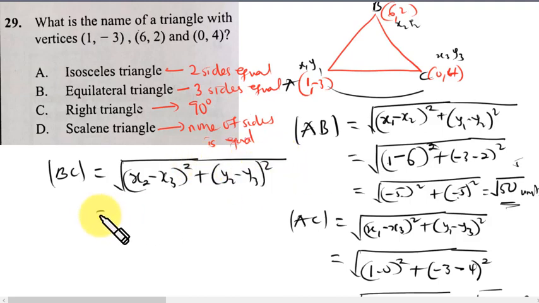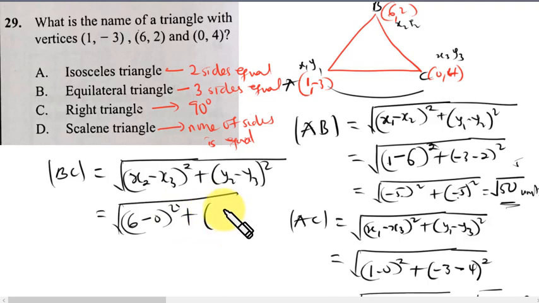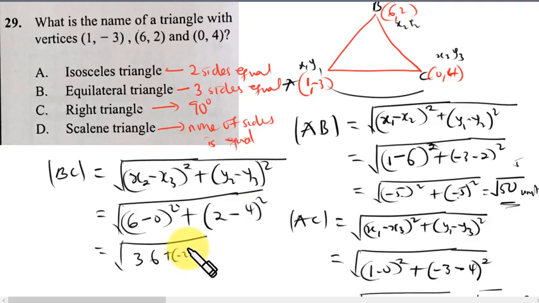So let me put the square root over here, and x2 here is 6 and x3 is 0, y2 is 2 and y3 is 4. So I will have 6 squared is 36, and 2 minus 4 is -2, all squared. Okay, so let me simplify this. That is 36 and that is 4, so this is root 40 units.